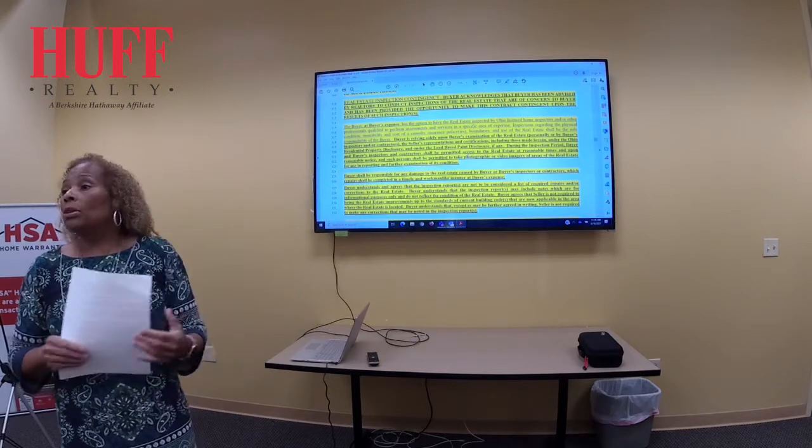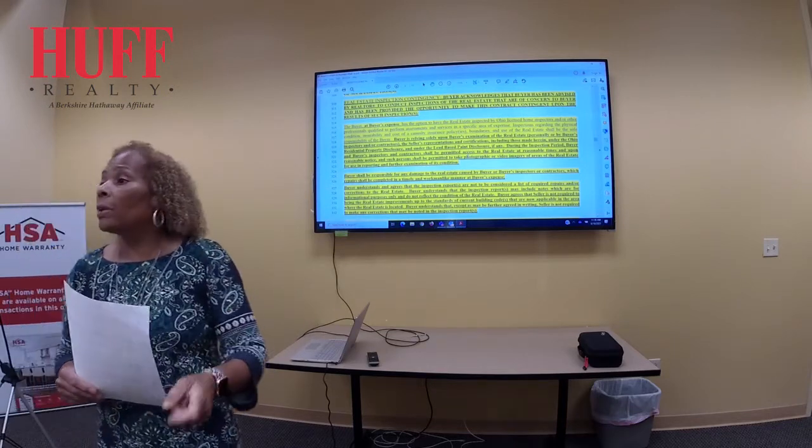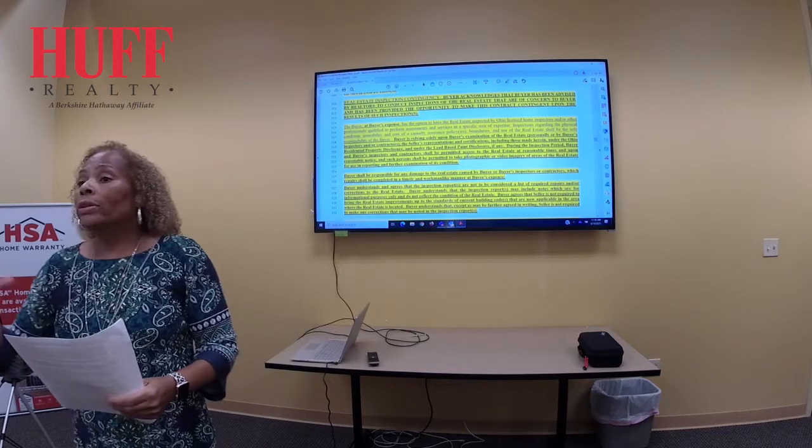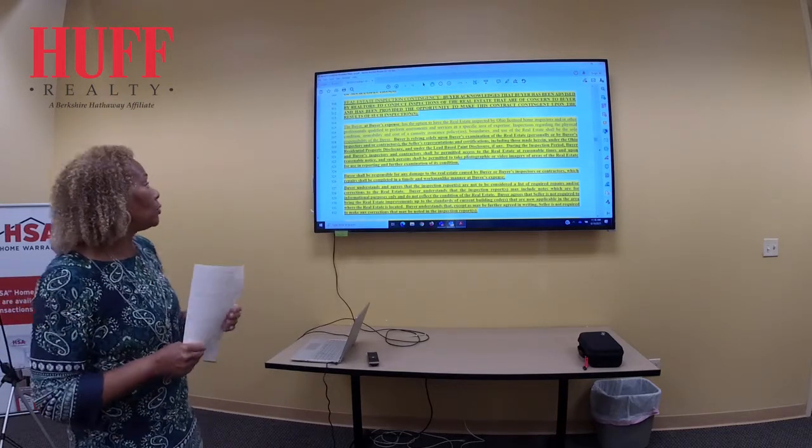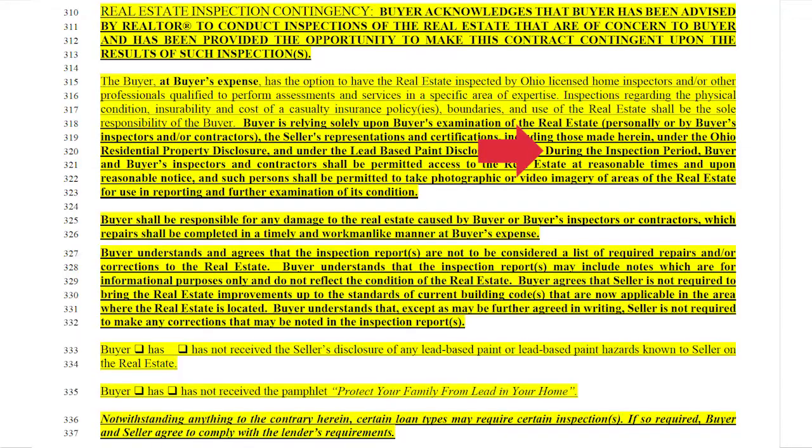But again, it's up to the buyer to choose what types of inspection, how many they want, and what types of professionals they want to use, licensed or unlicensed. It says the seller basically has to make sure that inspectors and contractors are permitted access to the real estate at reasonable times, and you have to give them reasonable notice.